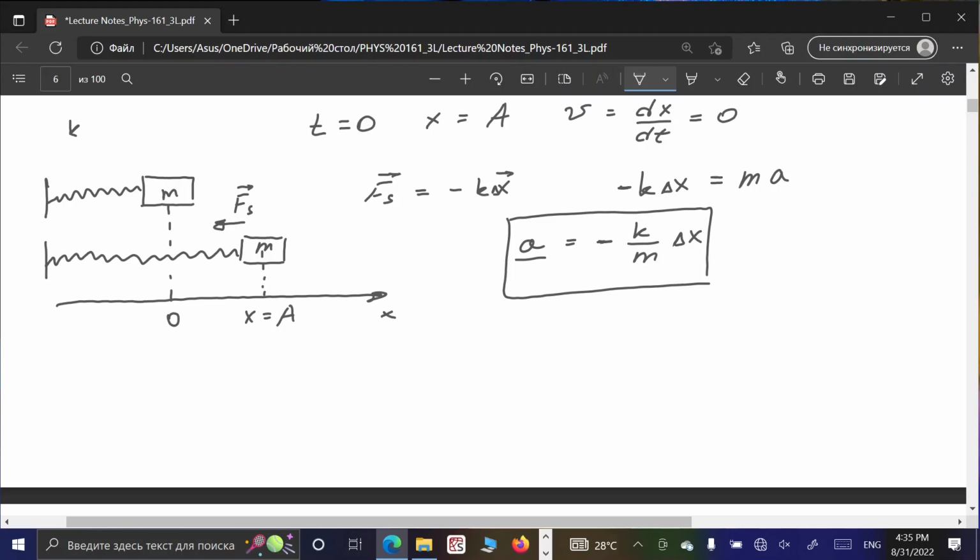So this acceleration is a function of displacement, which in this case means the coordinate position of the block with respect to axis x. If it depends on some parameter, it will change as the block moves, because at moment t equals 0, this block is at coordinate x equals a.